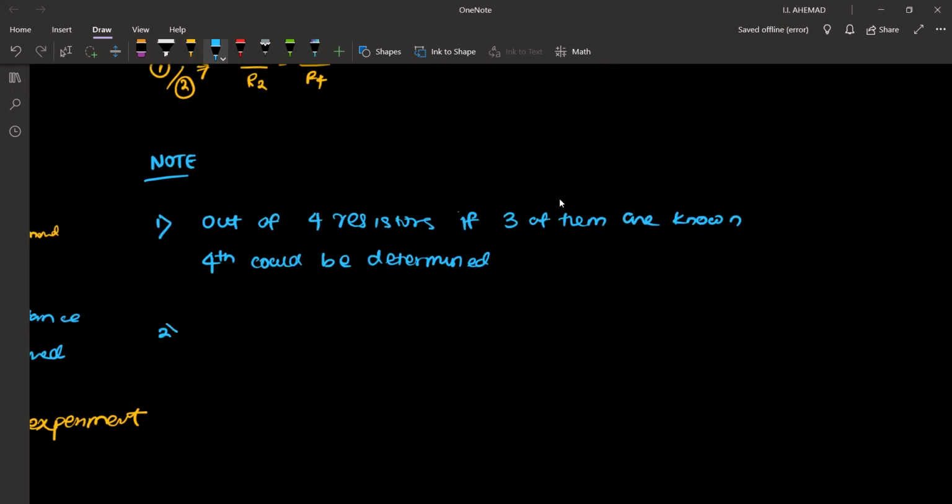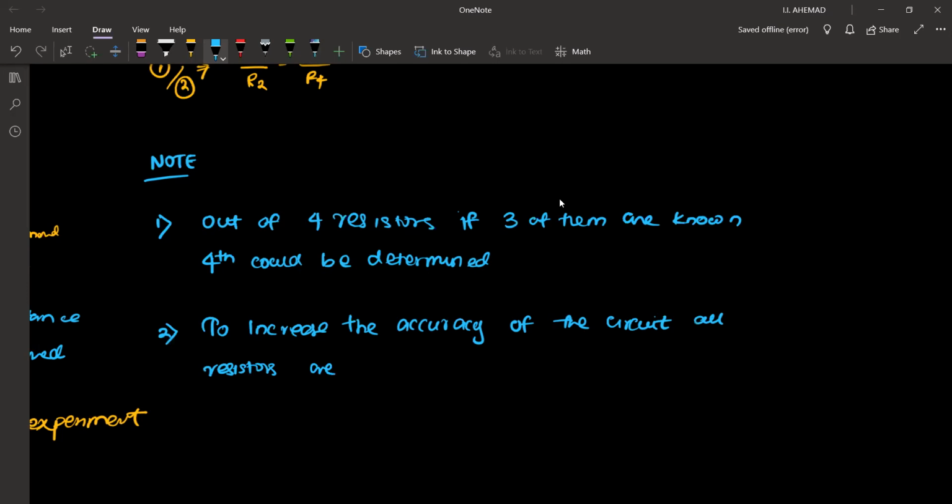Note number 2, to increase the accuracy of the circuit, all resistors are in the same order, or approximately equal.